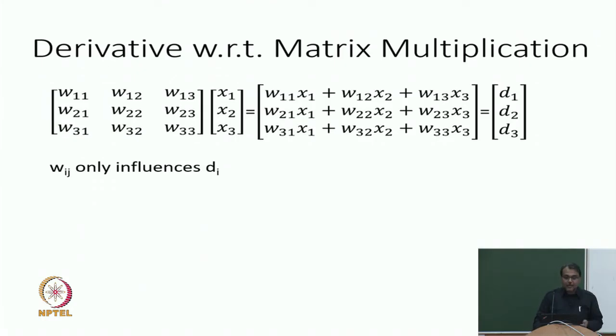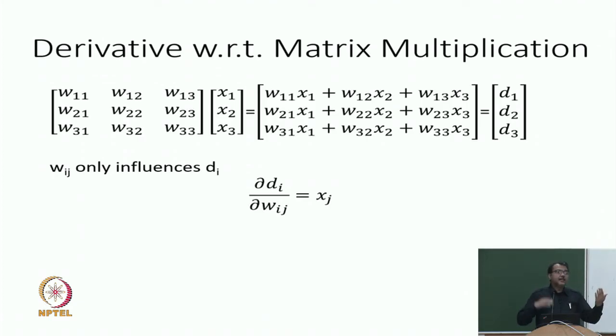And moreover, the derivative of Di with respect to Wij would be equal to Xj, right, because it's a simple addition and a product, and the product is with respect to Xj.